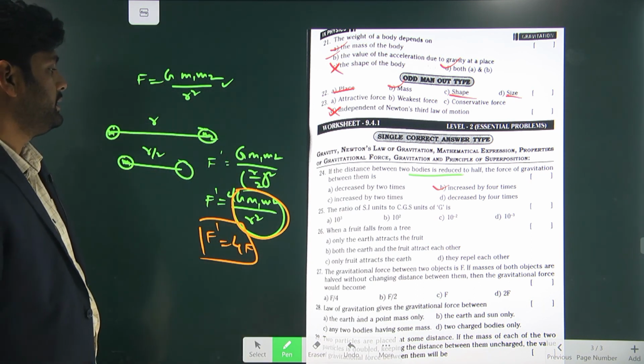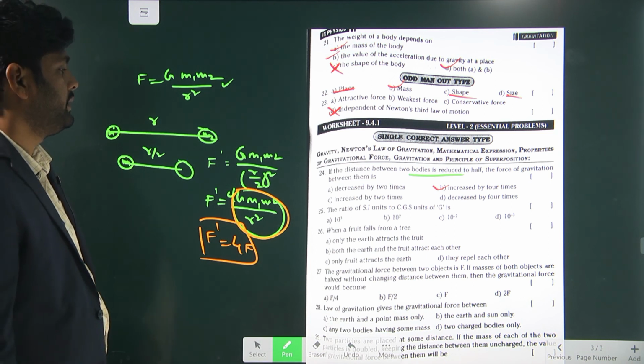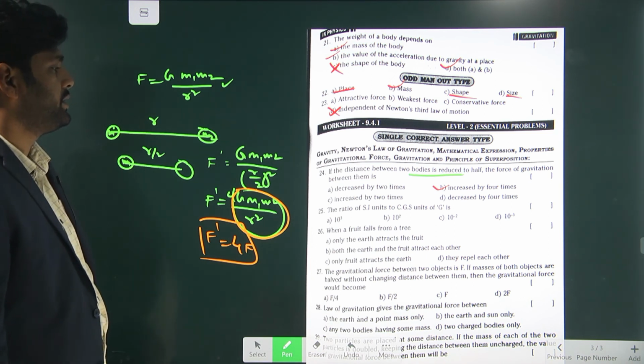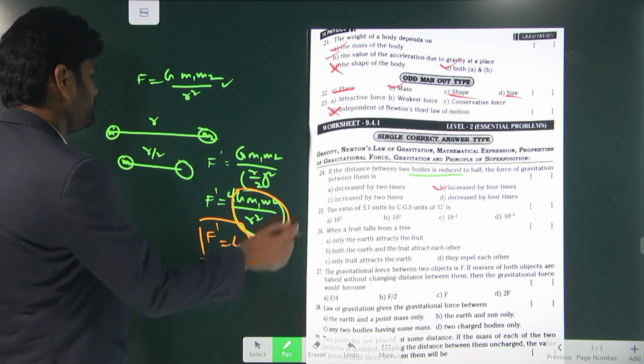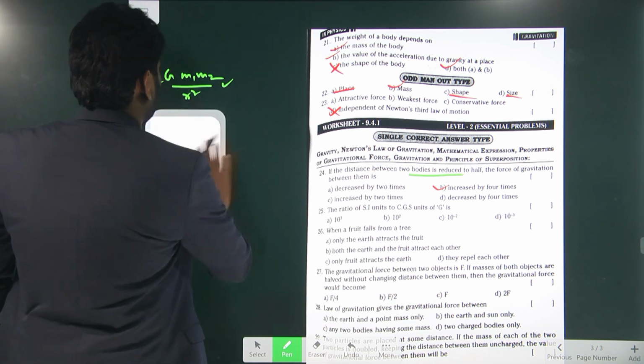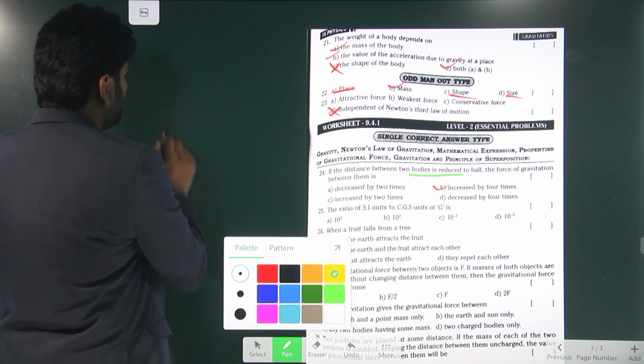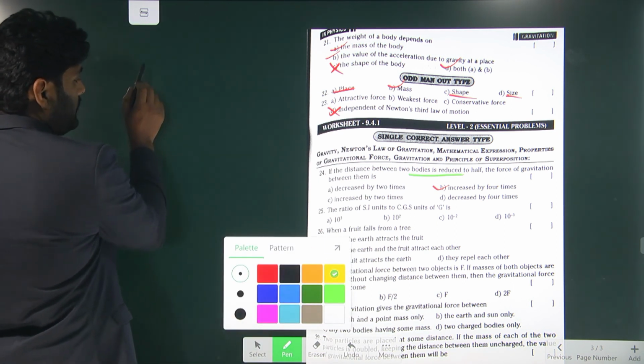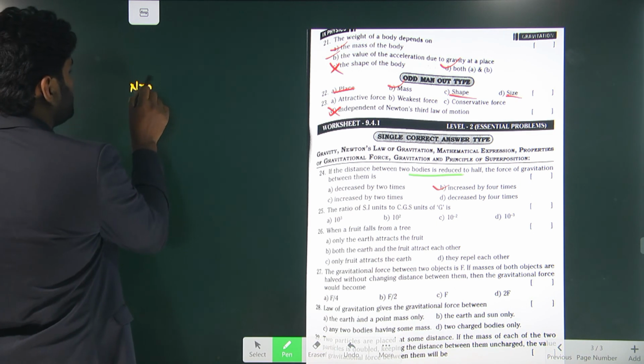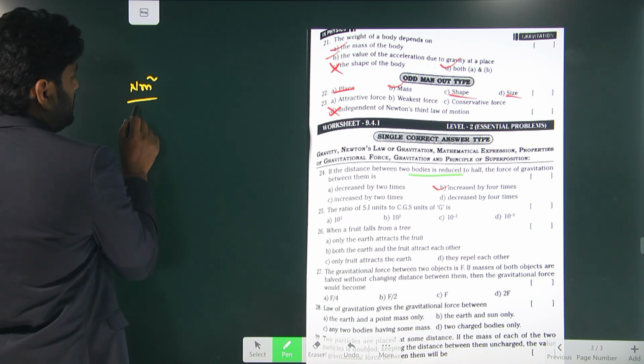Next, the ratio of the SI unit to CGS unit of G value. So what is the SI unit? Capital G value is Newton meter square per kg square.